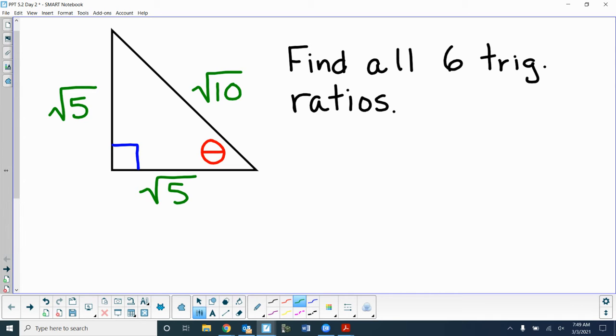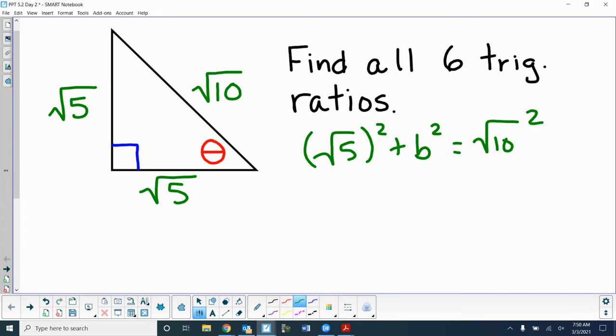Now you could have done the Pythagorean theorem and you still would get the same thing. If you did Pythagorean, you would have gone square root of 5 squared plus b squared equals square root of 10 squared. All right, a squared plus b squared equals c squared, right?